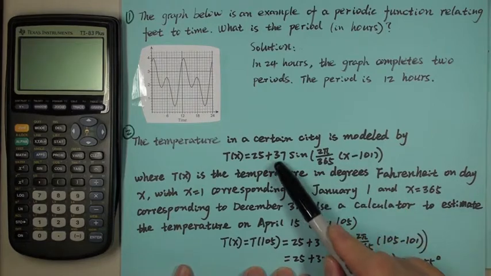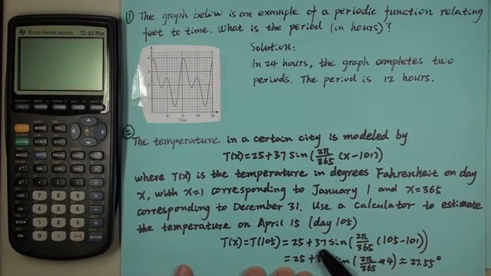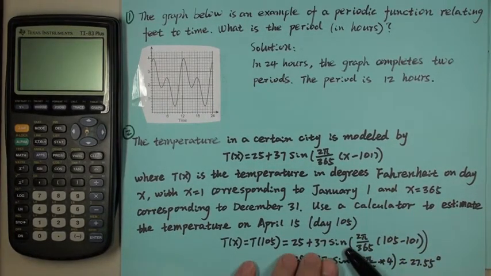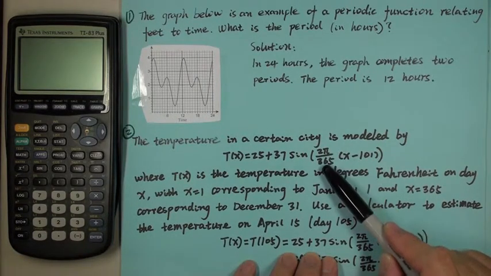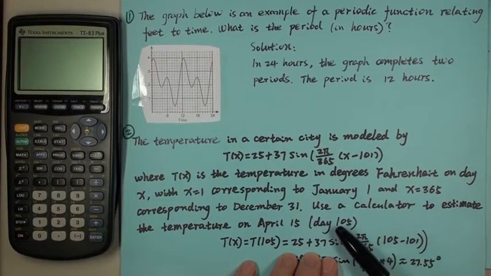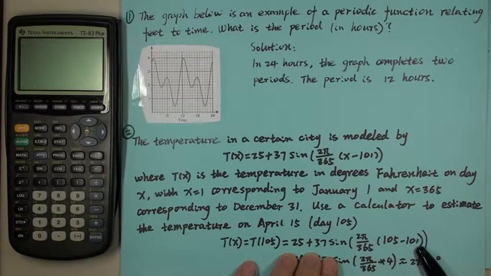So 25 plus 37 times sine of 2 pi over 365, replacing x with 105. Then 105 minus 101, and you will get 4.